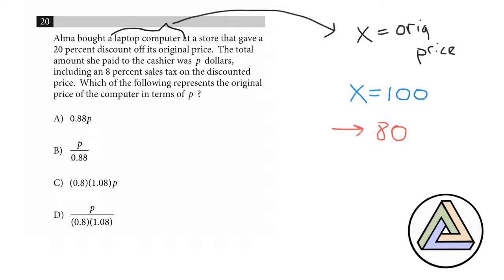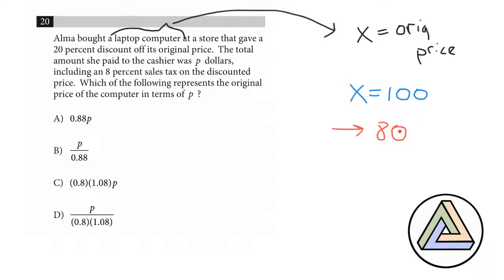She paid a certain amount of money that included 8% of 80 on top of this, right? So the question is, what is 8% of 80? And if we add that to 80, then we can figure out what P is, right?